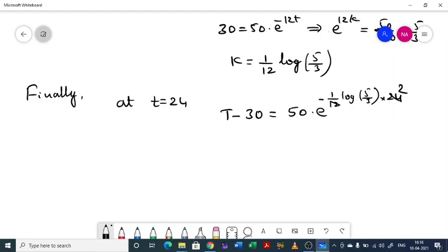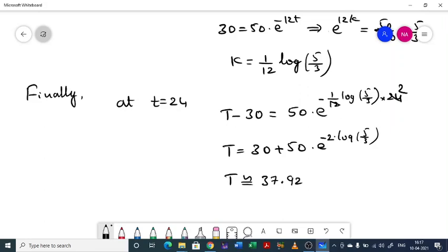So this is the same as T equal to 30 plus 50 into e power minus 2 into log of 5 by 3. So you can check that T will be approximately 37.926 degrees Celsius, or 38 degrees Celsius, you can say.